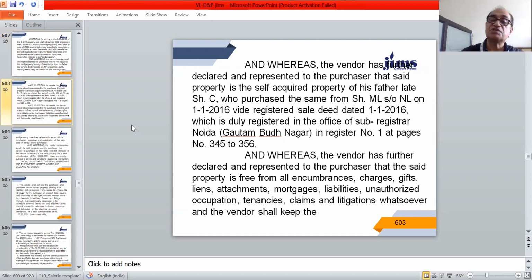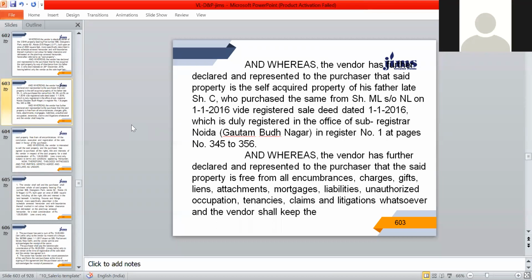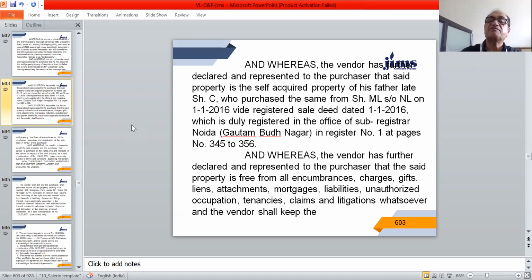And whereas it is also history, and whereas the vendor has declared and represented to the purchaser that said property is a self-acquired property of his father, late Shri C, who had purchased the same from Shri ML, son of NL, on 1/1/2016, by a registered sale deed dated 1/1/2016, which is duly registered in the office of Sub-Registrar Noida, District Gautam Buddha Nagar, in register number 1 at pages 345 to 356.